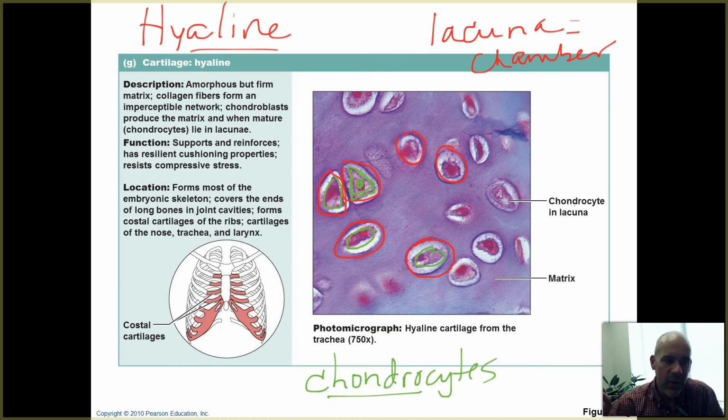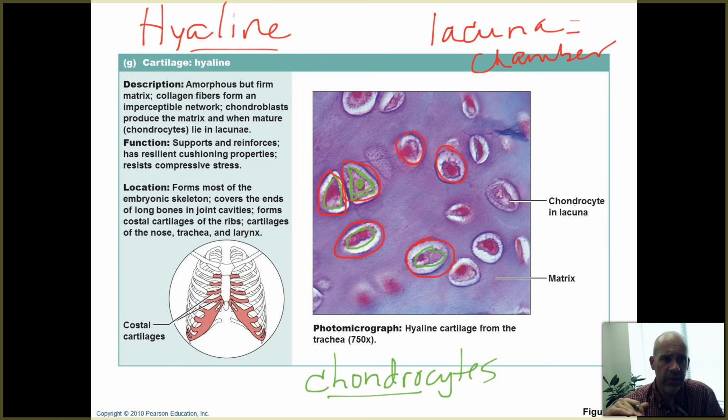Chond, C-H-O-N-D, tends to refer to cartilage in anatomy and physiology. So a chondrocyte is a cartilage cell. So those cells are scattered around inside the cartilage, and they're sitting inside their own little microscopic fluid-filled chambers, and each of those is called a lacuna.